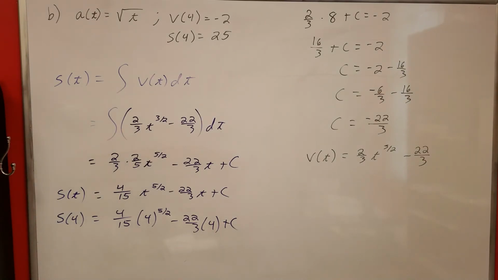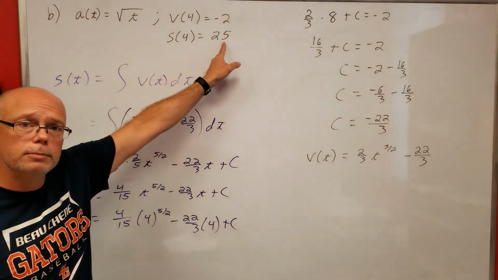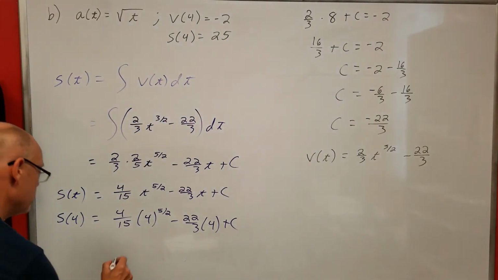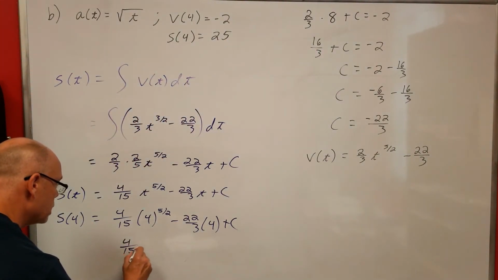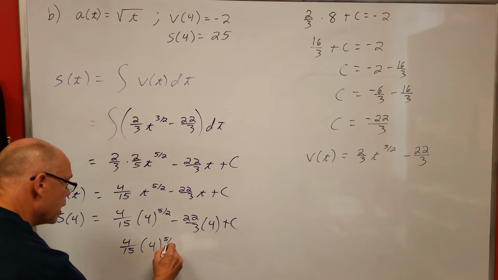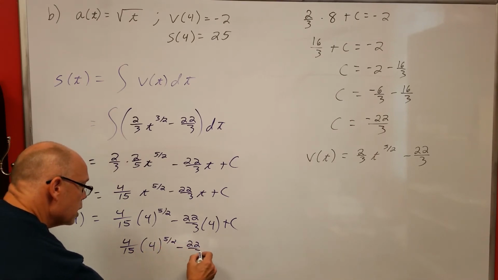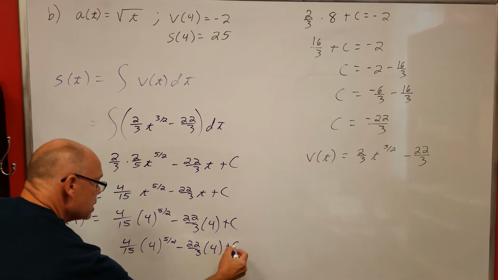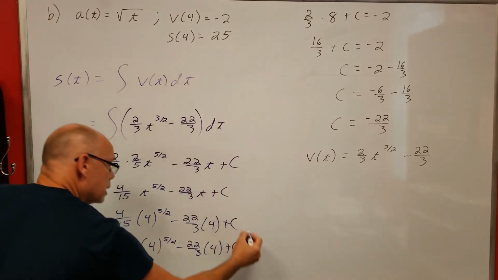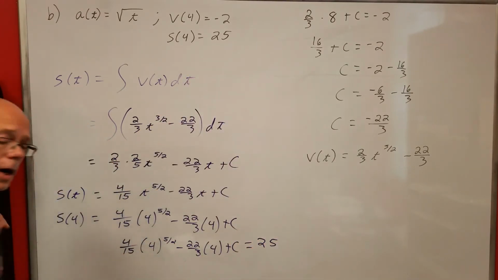If I input 4, what should I get out as an output? 25. So I can say 4/15 times 4 to the 5/2 minus 22/3 times 4 plus c will calculate to 25.